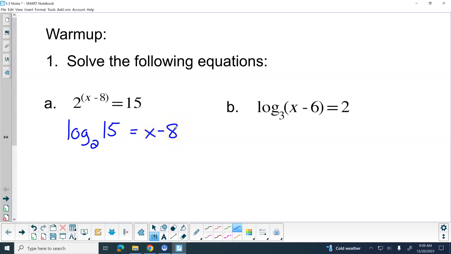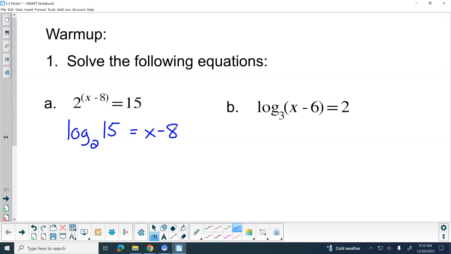So, log base 2 of 15. What exponent do I have to put on 2 to get 15? Is it nice and easy? Nope, not nice and easy. So what should it be in between, without even going to a calculator? 2 to the first is 2. 2 to the second is 4. 2 to the third is 8. 2 to the fourth is 16.